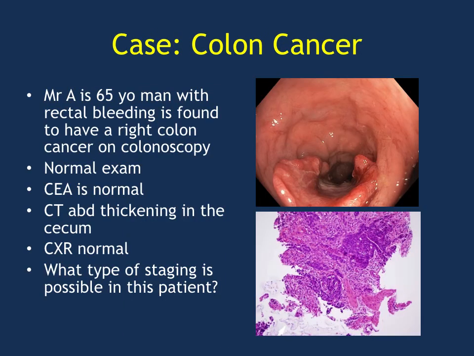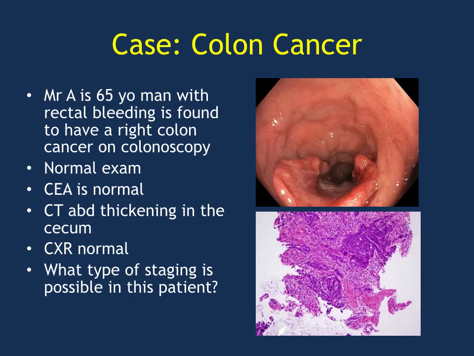So let's go with an example. Mr. A is a 65-year-old man who unfortunately didn't have his screening colonoscopy and was found to have rectal bleeding, and eventually had a colonoscopy that showed a colon cancer on exam and biopsy. The right lower picture shows a biopsy of abnormal colon cells invading the submucosa.